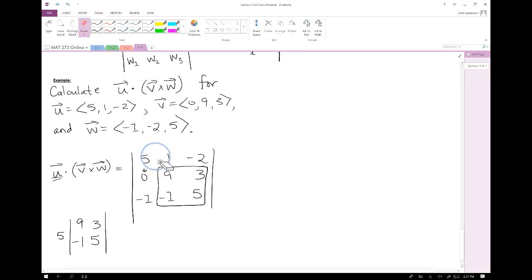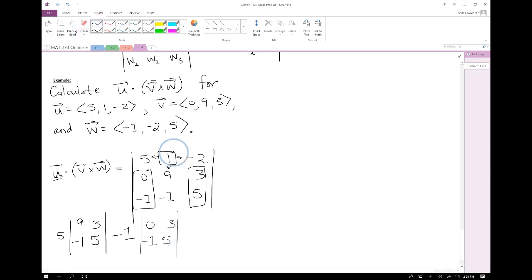Let me erase this stuff so it's not in our way. Then we're going to move to the second entry in that row. And remember, you always change the sign as you jump from term to term. You're going to block off the row and the column for that entry and look and see what you have left. And you will have these 4 elements, 0, 3, negative 1, 5.